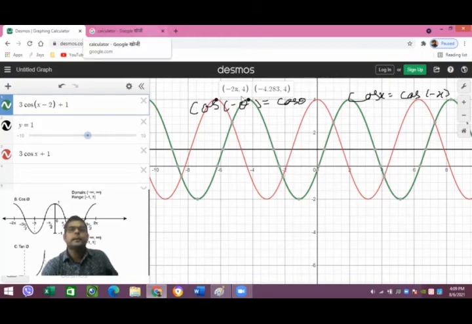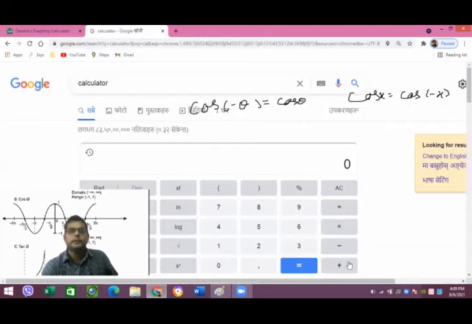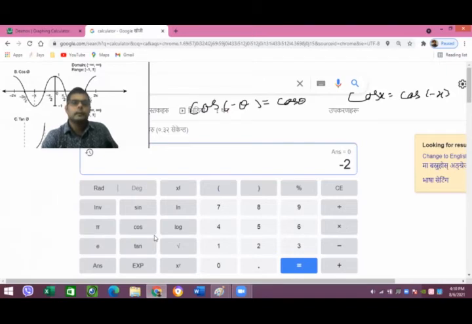Otherwise, you can check in the calculator also: -2 pi, and 2 units right means we have to add this. For the minus, we have to add. For the plus, we have to subtract. So +2, and this value is -4.28.